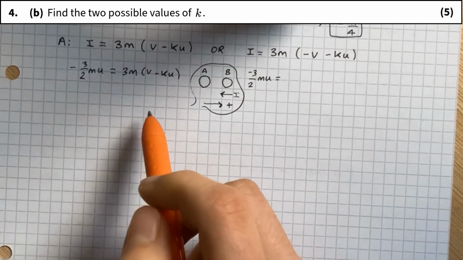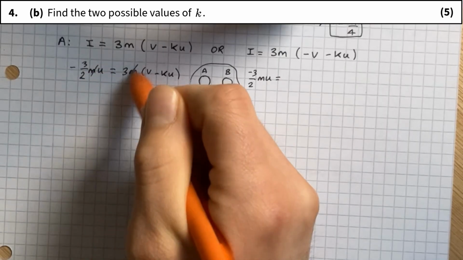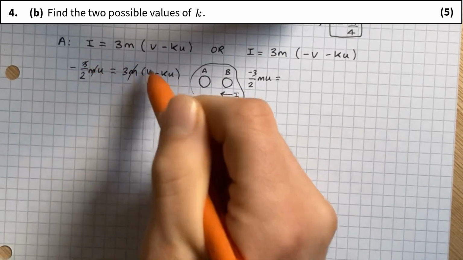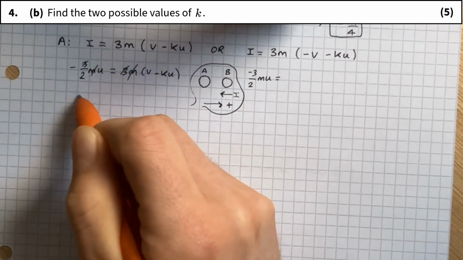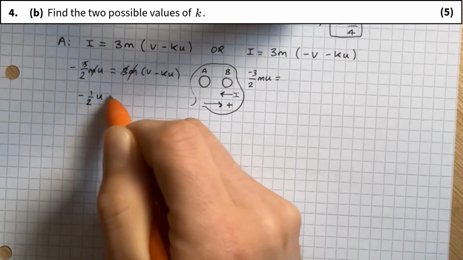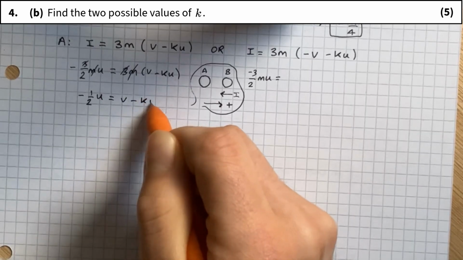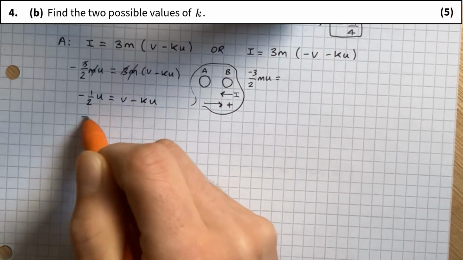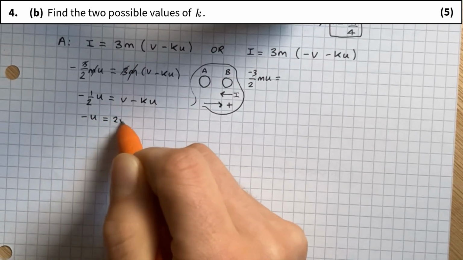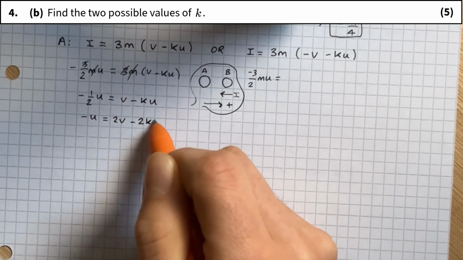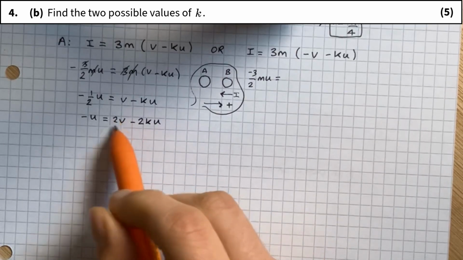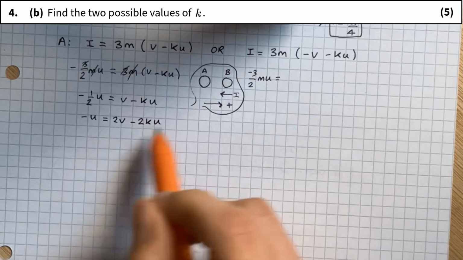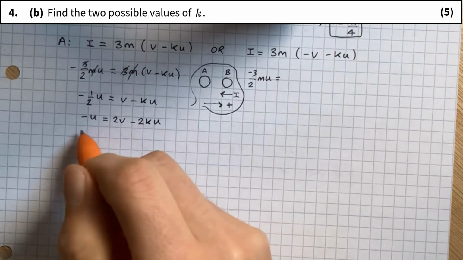I'll solve the one on the left first. I'm going to get rid of the m's. I'm going to get rid of the 3's. So minus a half u will be v minus ku. I'm going to times everything by 2. And now I'm going to use the definition of v. So v was equal to u over 4 from up here.